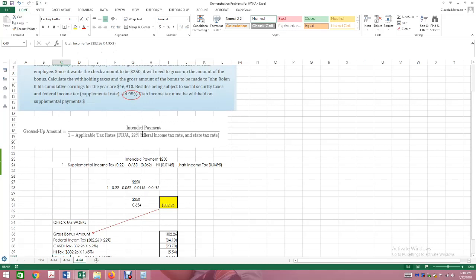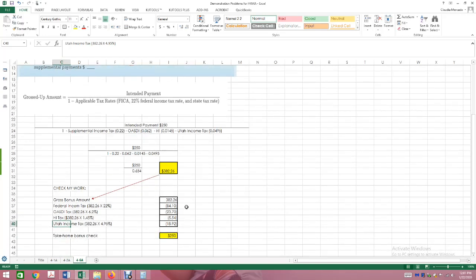Okay, the formula, just follow the formula, enter the rates. The only thing that might change in your problem is the state income tax rate. I'm sorry, HI will always be 1.45%, OASDI will be 6.2%, and then we have the supplemental income tax of 22%, unless otherwise noted.